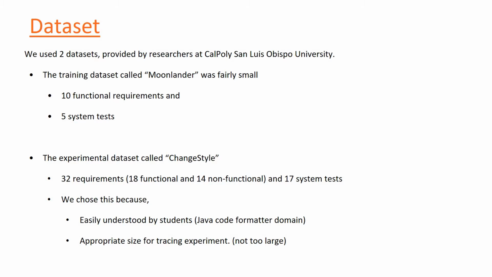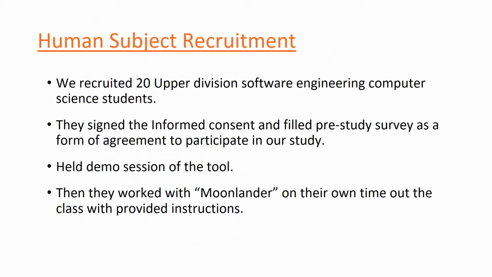Our human subject recruitment method was that we initially recruited 20 students in a software engineering class at the University of Kentucky. They signed informed consent and filled out a pre-study survey as their form of agreement to participate in our study.